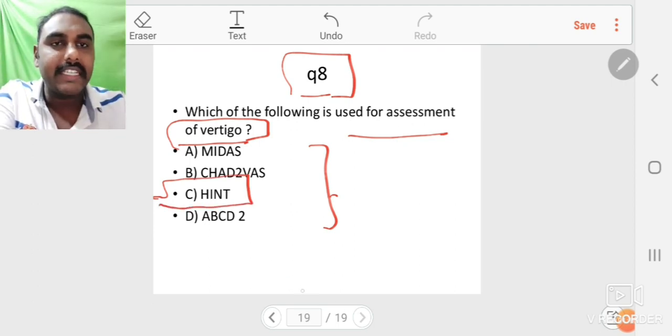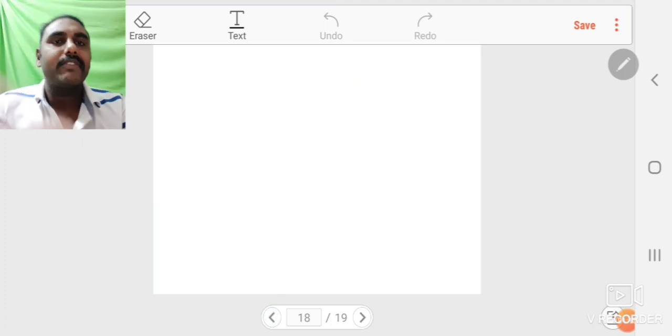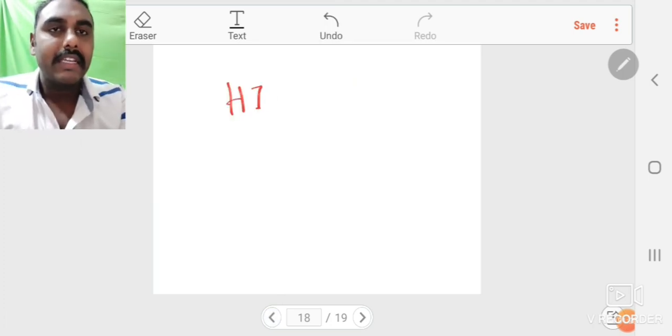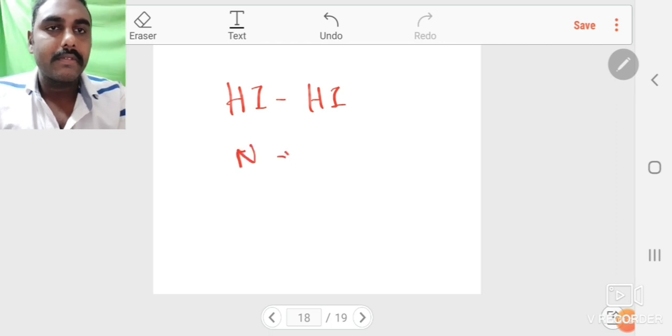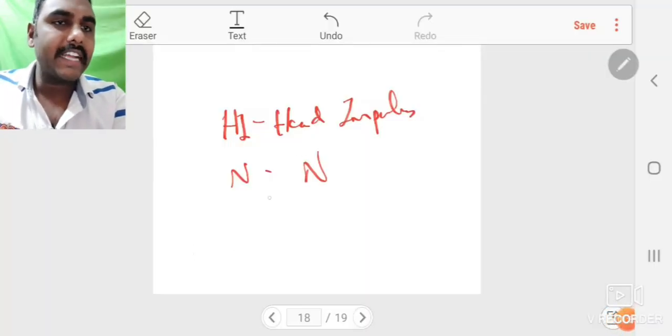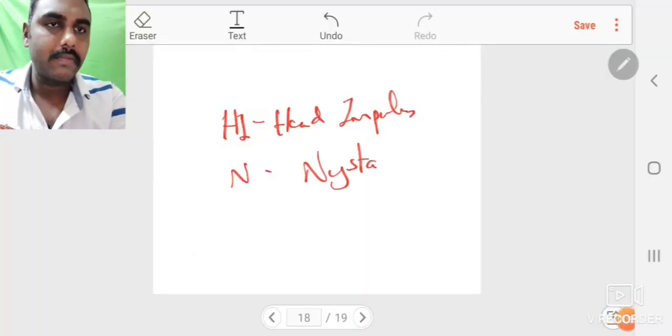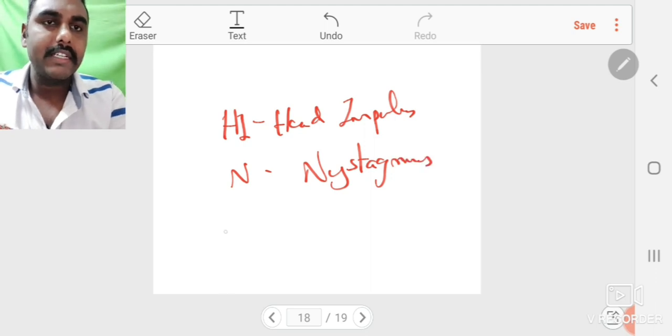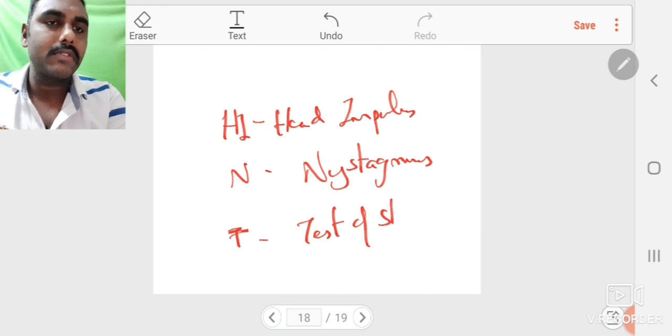HINT stands for head impulse, N for nystagmus, and T for test of skew.